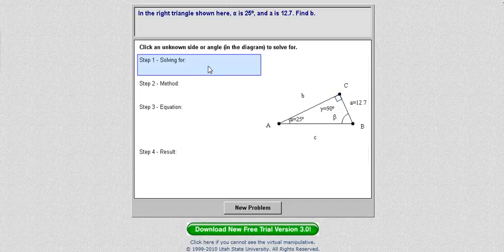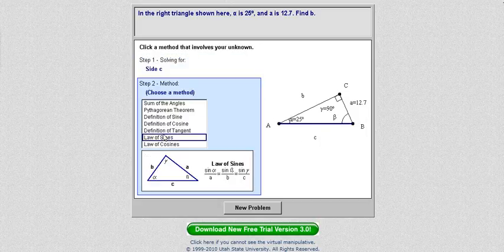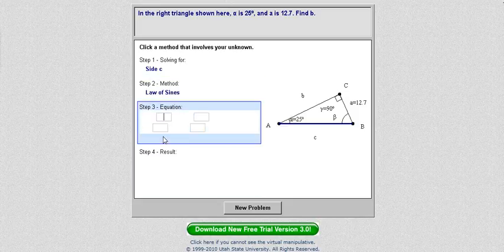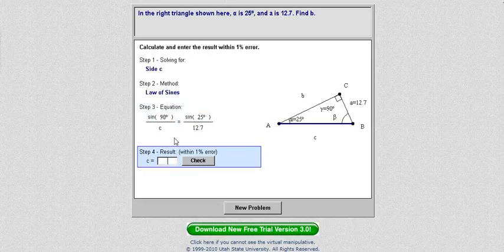And let's go ahead and do that. Let's solve for side c. So we're going to solve for side c, and we're going to use the law of sines to do that. The law of sines says that sine of gamma over little c would have to equal, and we're going to use, in this case, alpha and a, sine of alpha over little a, so that we have only one unknown in this process, and that is c.